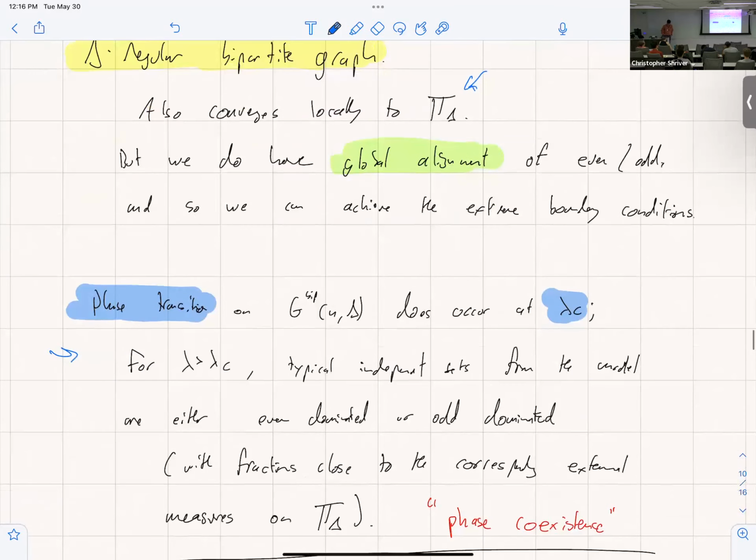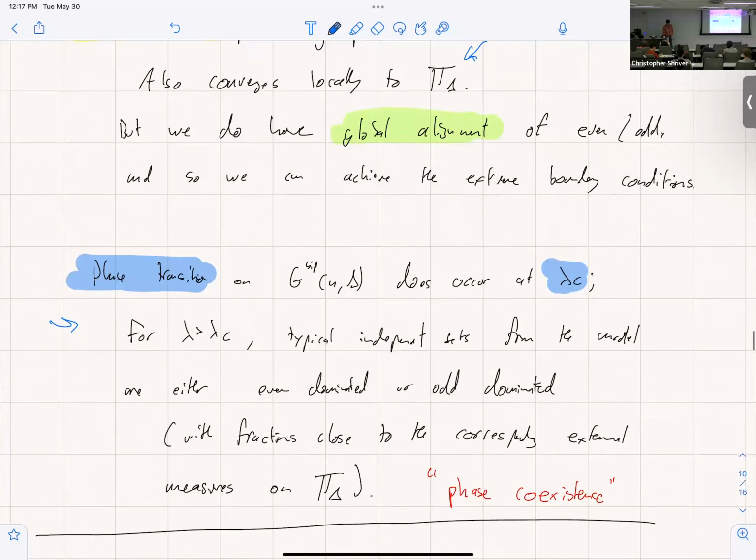So what happens? For lambda less than lambda critical, the same thing happens. There's this unique Gibbs measure. It converges locally to the tree measure. Everything's nice. But for lambda greater than lambda critical, we take a typical instance of this random graph, and then we pick an independent set from the hardcore model. It's either going to have more even vertices or more odd vertices, by a linear difference in the number of vertices.